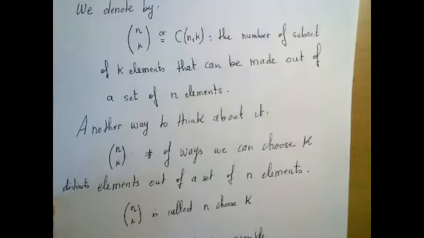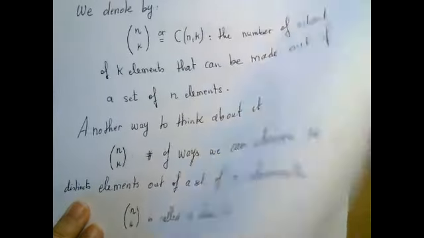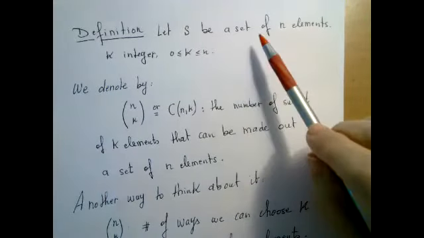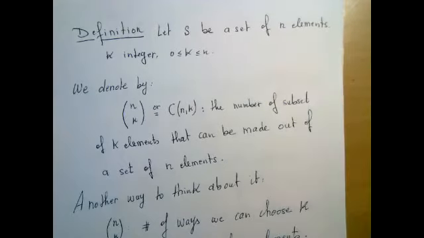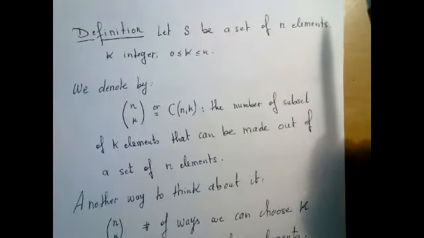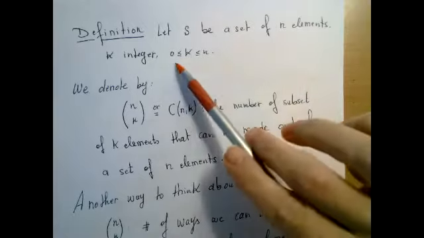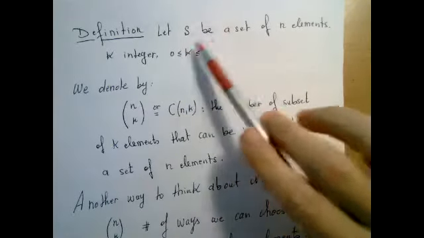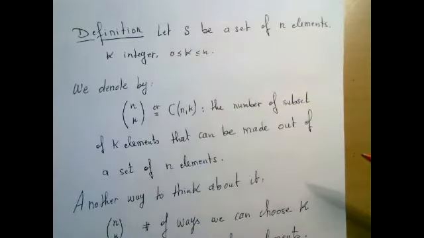So now let us introduce some notation. Suppose I have a set S, and this set has n elements. In the case we took, our set had 4 elements. And k is an integer which is positive and less than the total number of elements in the set.